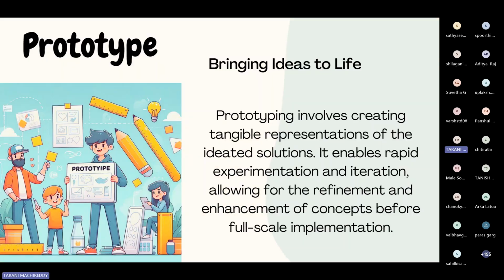So next we'll move on to prototype, where we bring ideas to life. You guys gave all these ideas. So now we'll think whether each and every idea is possible to implement or not in this prototype phase. Prototyping involves creating tangible representations of ideated solutions.